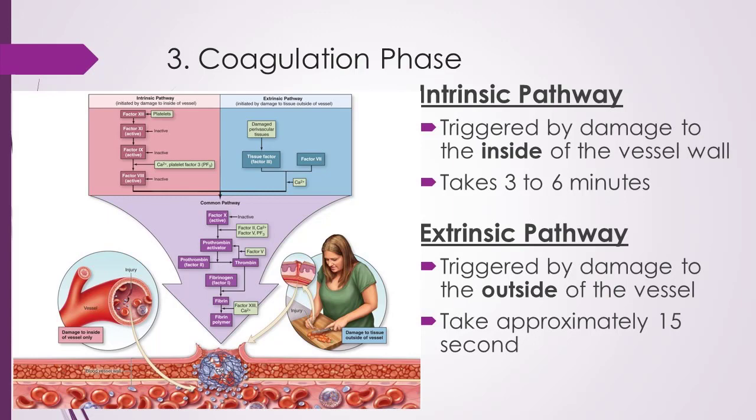You've seen some of these shark attack victims? Lost legs, lost arms, big chunks taken out of their calves, major damage. And with the extrinsic pathway, you have factors that are inside the cell, that when the cells are damaged, they get released, and they take a much shorter path to factor 10.